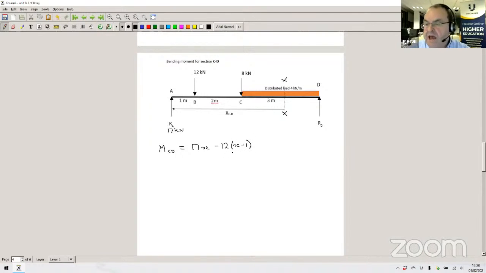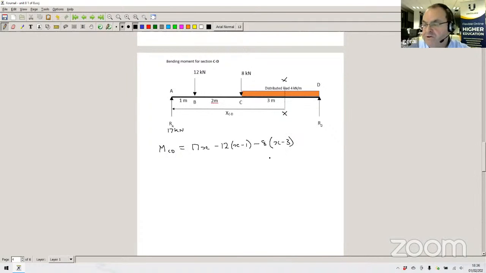Now we take the 8 kilonewtons. Again it causes an anti-clockwise rotation, so it's negative: minus 8. And the distance from X to C is X minus 3.